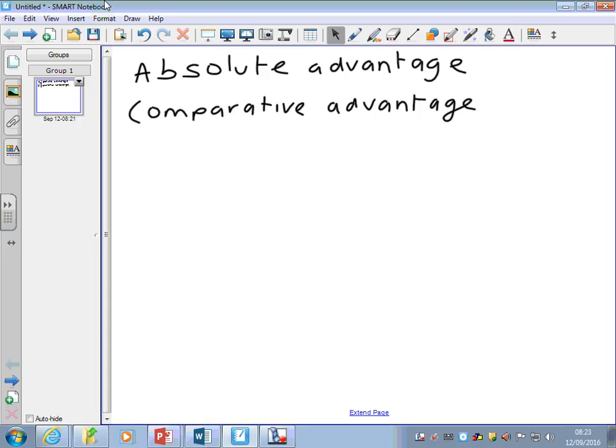Now, to explain this using numbers, we're going to make lots and lots of basic assumptions. And these are the assumptions that are built into the theory of comparative advantage. What we're going to assume is that all we have are two different countries. We're going to have the UK, and we're going to have our biggest trading partner, which is the USA.